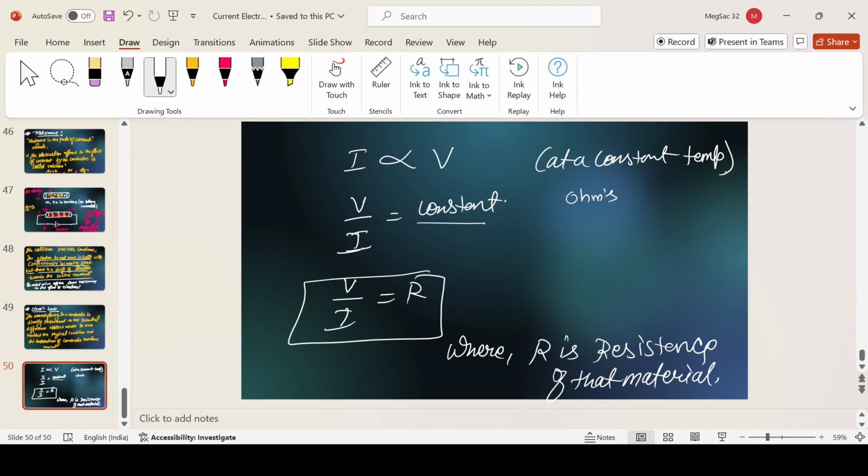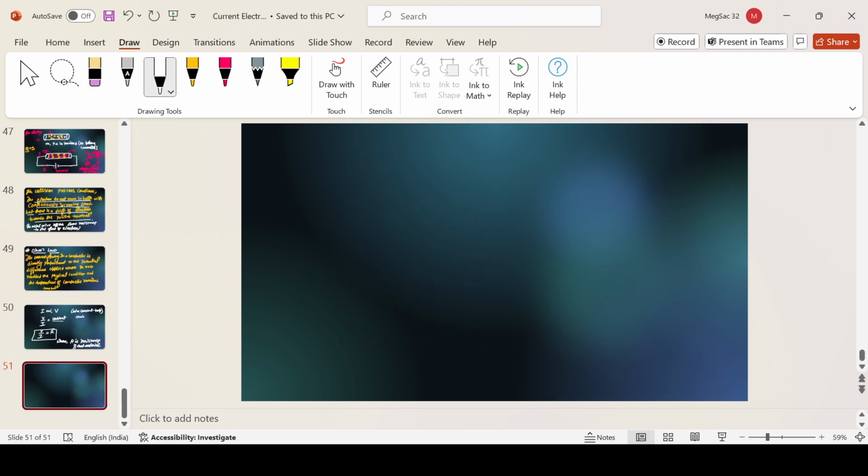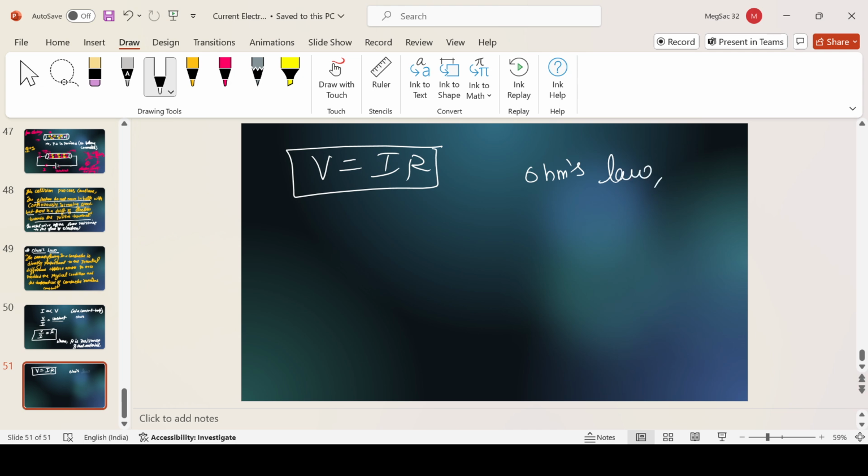So from here we got the relation V is equal to IR, and this is said to be Ohm's law. Clear?